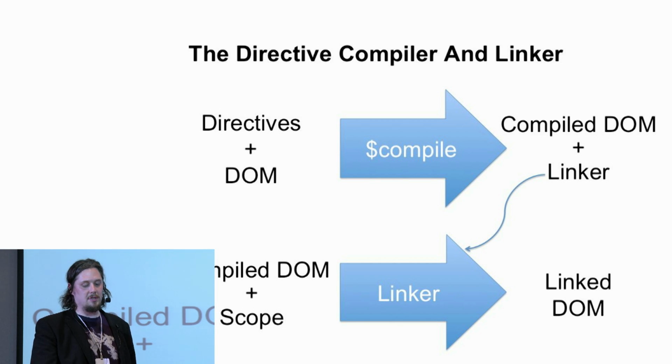The inputs to this thing are the compiled DOM from the previous step and the scope object. And it applies those two together to produce this linked DOM. What's further interesting with this is that there is no link service in Angular that you could inject, such as there is a compile service. Instead, this linker is an output of the compiler. You get it from the first step, which is a bit weird, but we'll see how that works.